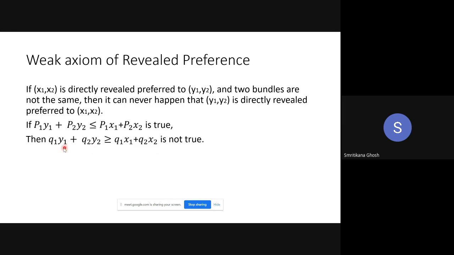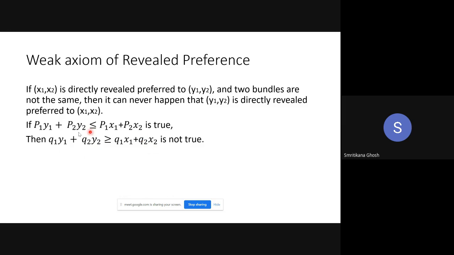Look, if the second inequality were true, then the consumer would choose Y1, Y2 over X1, X2. Right? Because then, given prices Q1, Q2, Y1, Y2 would be on the budget line and X1, X2 would be below the budget line.